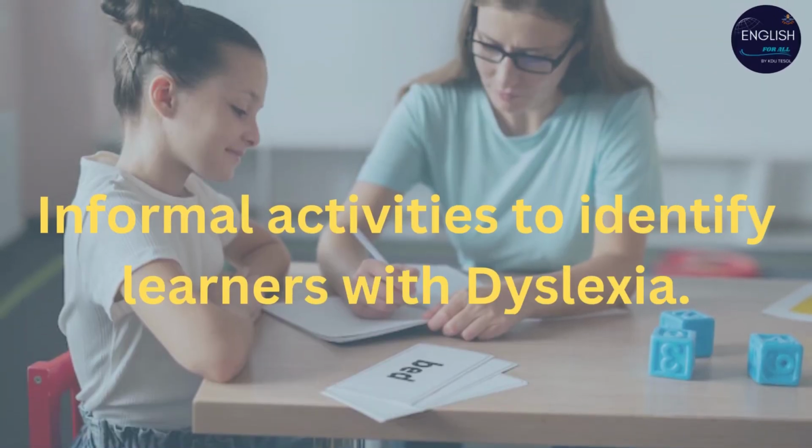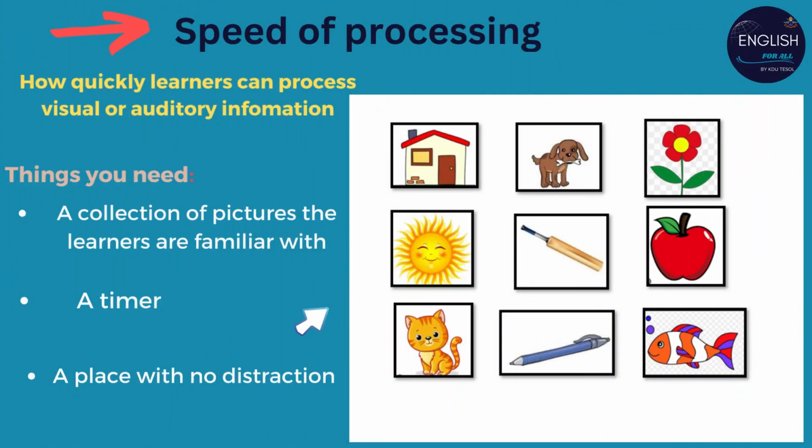Here are some activities we can use to identify learners with dyslexia. Speed of processing. This is to check how quickly learners can process visual or auditory information. For this activity, we need a collection of pictures familiar to learners, a timer, and a place with no distractions.